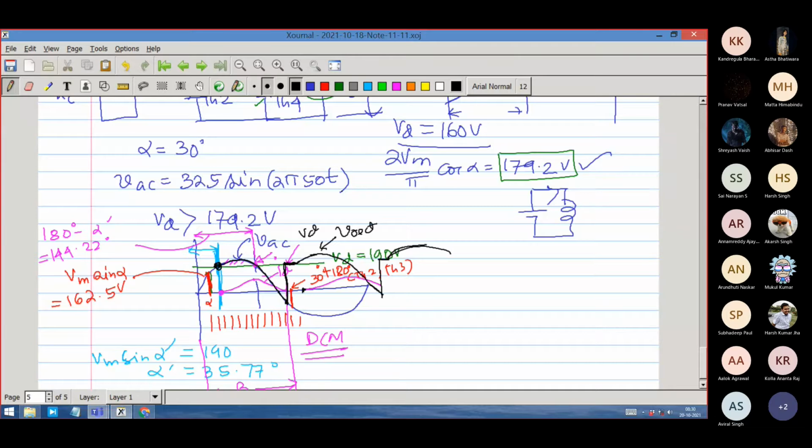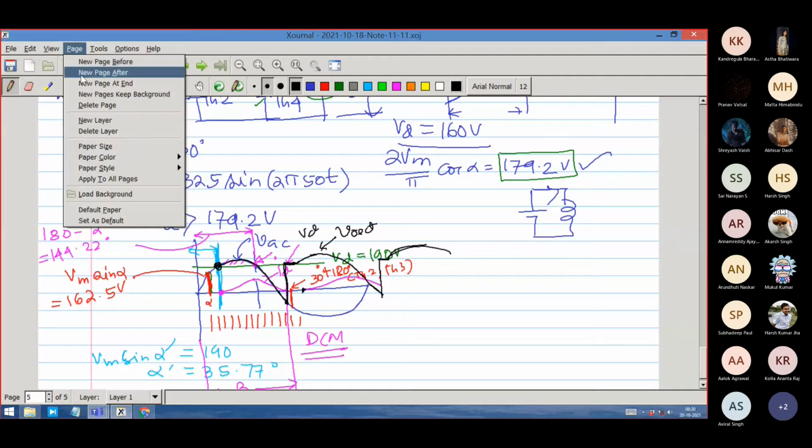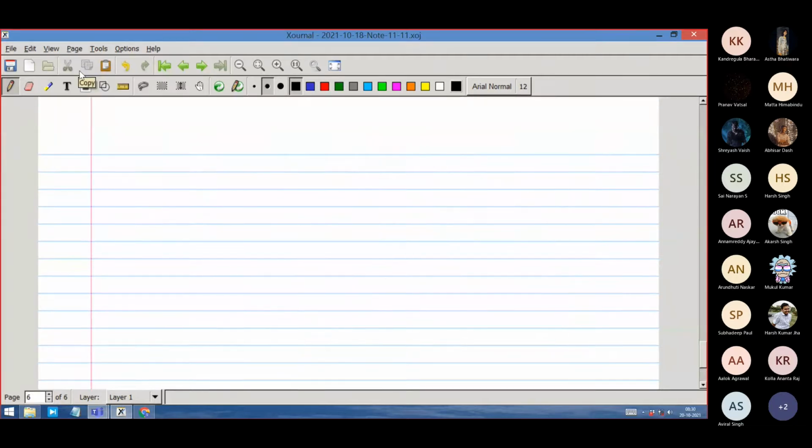So now let us see how this can be mathematically solved from the first kind of equations.